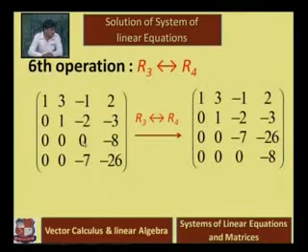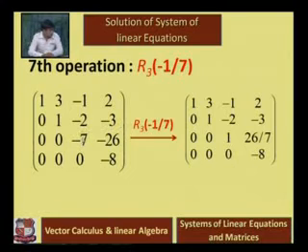Now again see the third position of leading one entry, but here there is a 0, but we still need 1. For that we interchange the third and fourth rows. The resultant matrix is 0 0 minus 7 minus 26 and 0 0 0 minus 8, and the other two rows are the same.